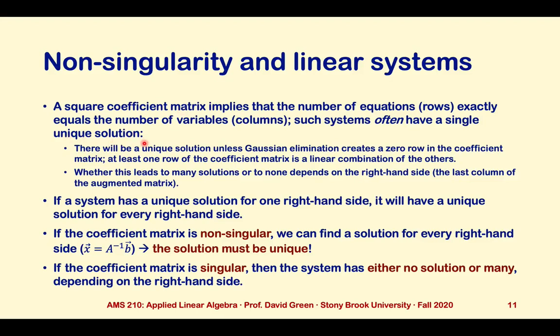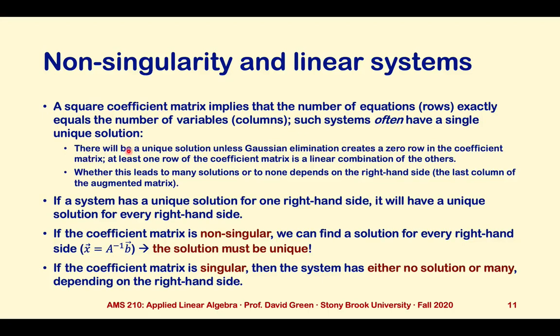And why is that? Well, let's think back to how we apply Gaussian elimination. If we go through Gaussian elimination, we'll have a unique solution as long as every variable is a pivot variable. When we have an equal number of variables and equations, what that means is that there are no zero rows in the coefficient matrix.